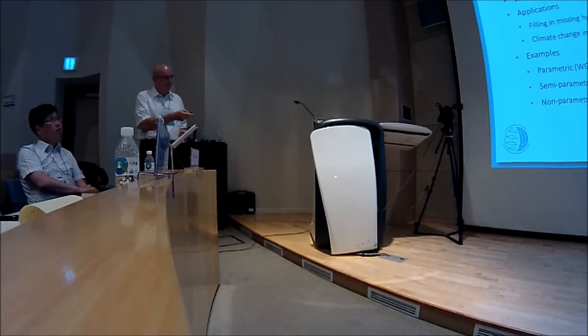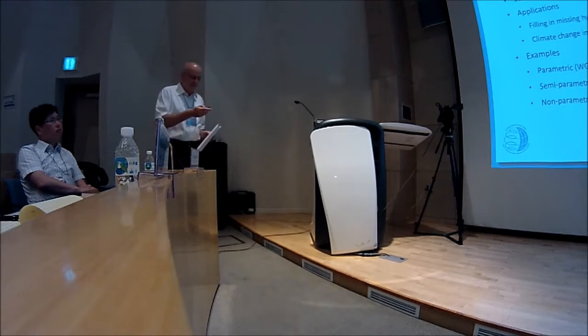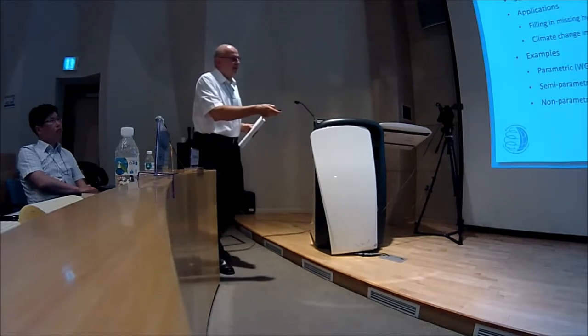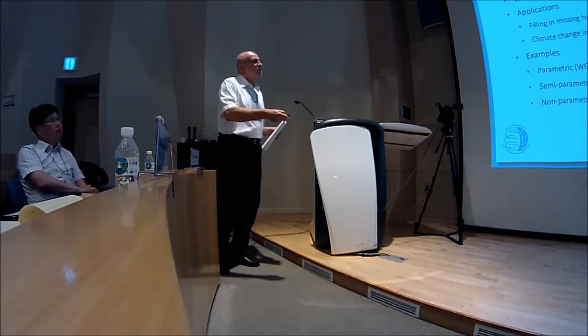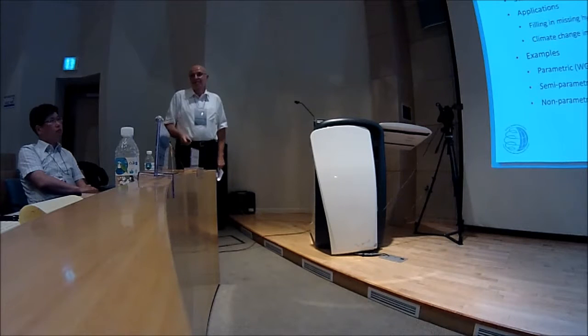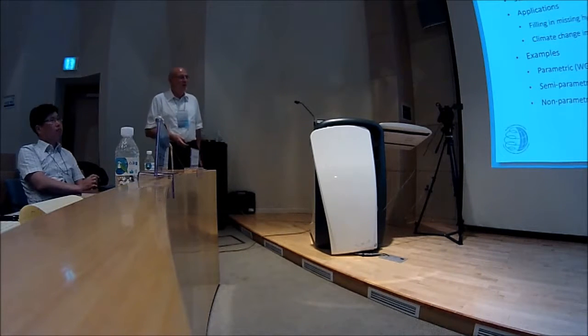And there are a number of potential examples and tools available, from parametric and semi-parametric to non-parametric tools. Our work is mostly in this particular area of non-parametric tools, focusing on these two approaches. I'll provide a little bit more detail on these two.